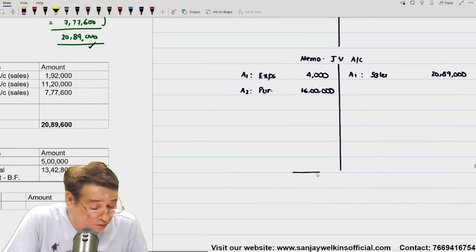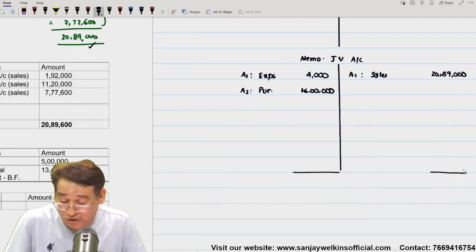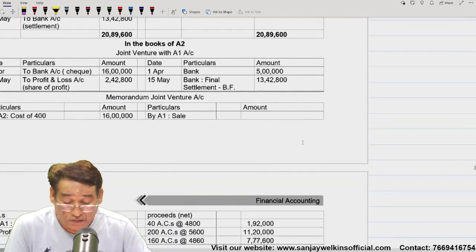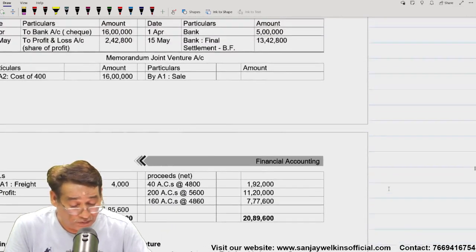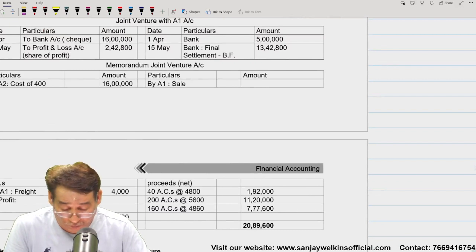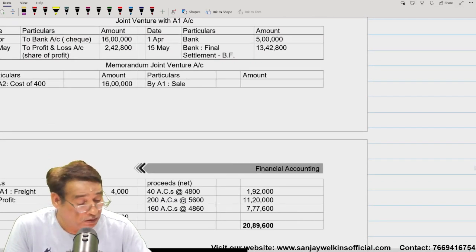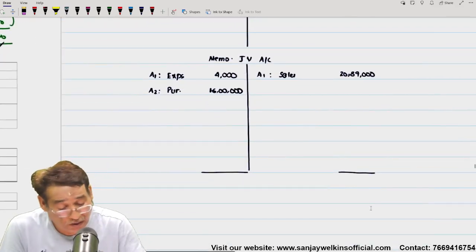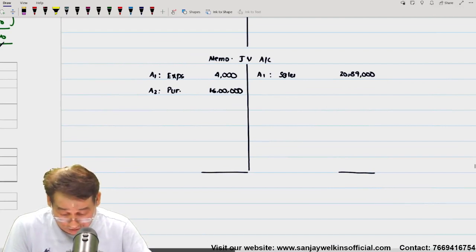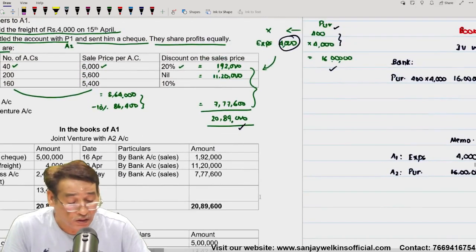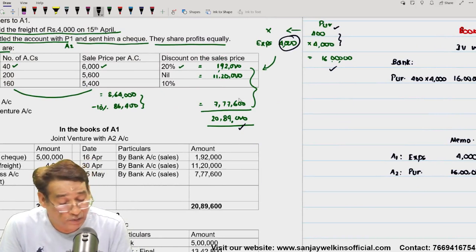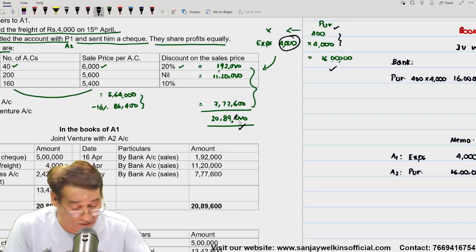Then we are going to find out the profit. So let me check what is the amount of profit. The amount of profit is equal to 4,85,600. How can it be 4,85,600? Let me check it up. The total of sales is not 20,89,000 because it is 600. 20,89,600 is the sale.